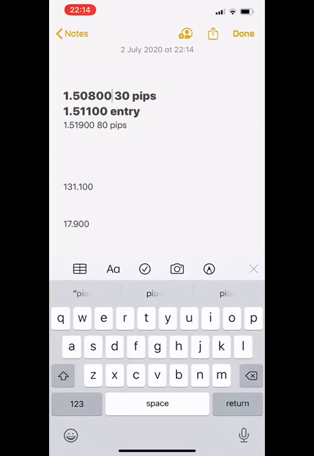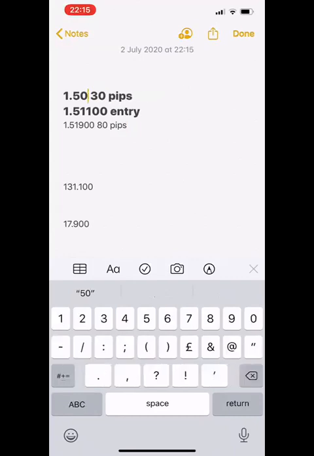So the number here, it's 1.50. The number after the second number after the decimal point, if that's making sense at all, is how you're able to calculate the stop loss.